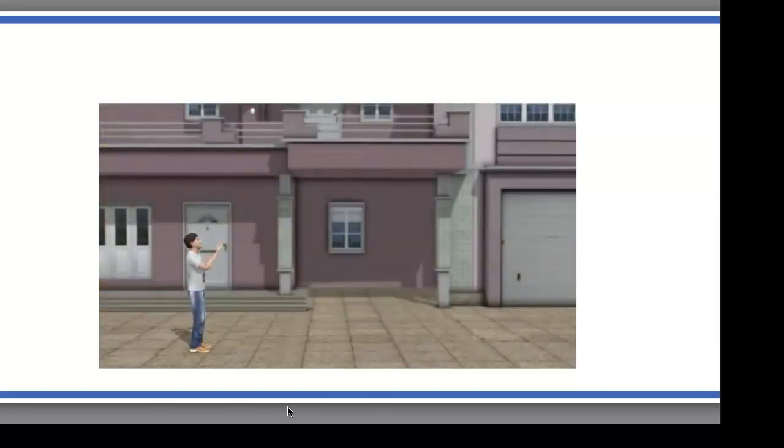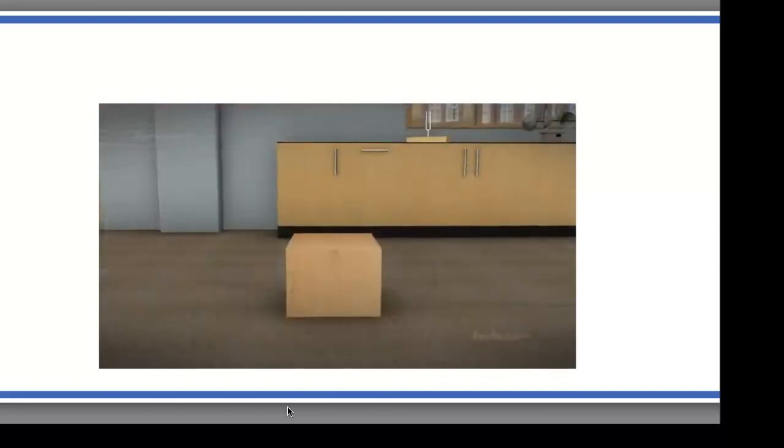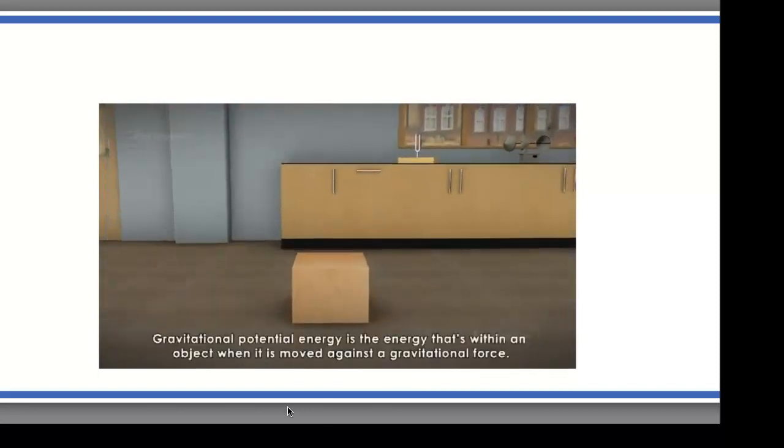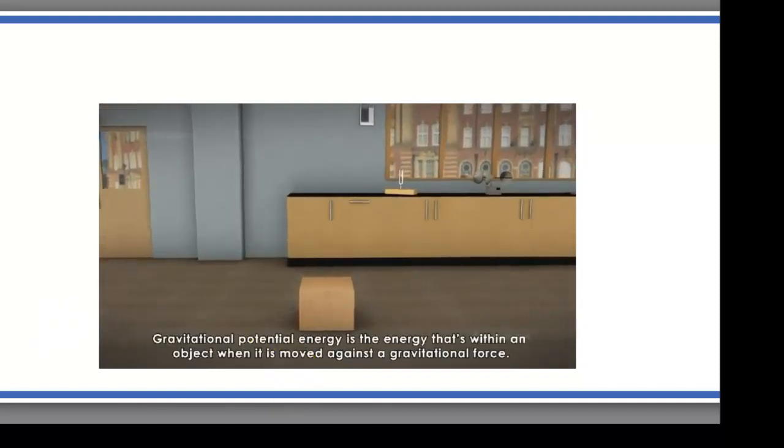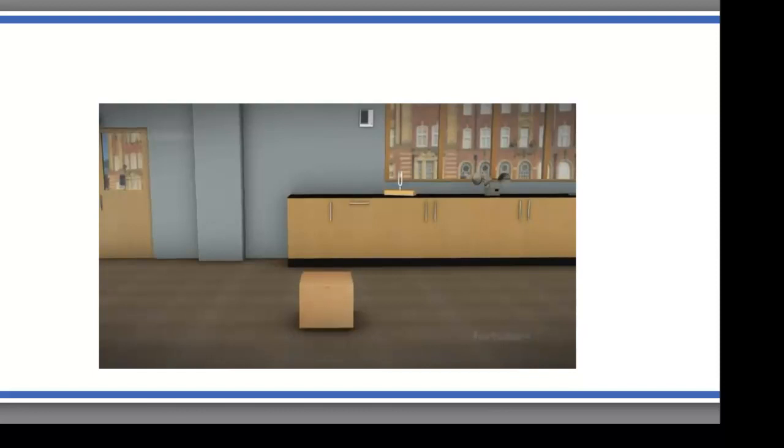Potential energy can be one of three types: gravitational, elastic, or chemical. In this session, we'll focus only on gravitational. Gravitational potential energy is the energy within an object when it is moved against a gravitational force. If an object is raised above the ground, it will acquire potential energy. The object's gravitational potential energy will depend on its weight as well as how high it is above a surface.